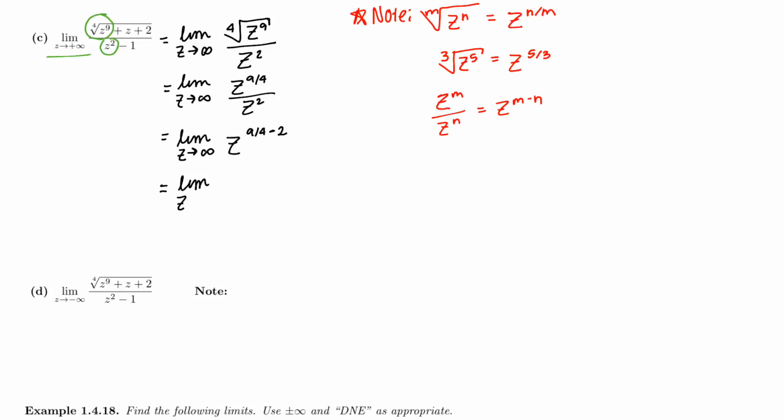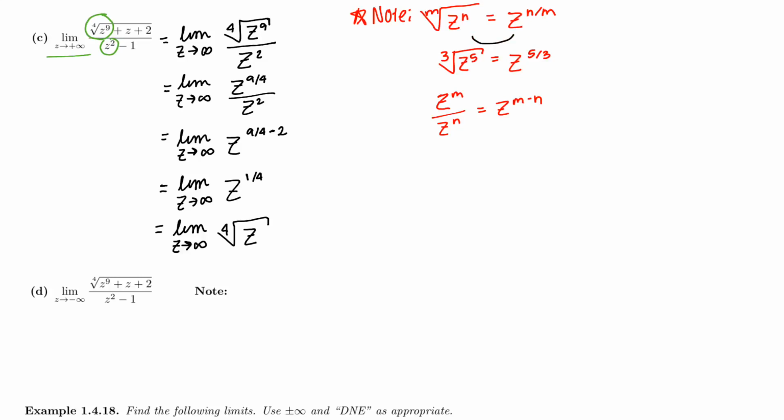We have the limit as z approaches infinity. If you do 9/4 minus 2, you're going to get 1/4. And z to the 1/4 is the same thing as the fourth root of z.